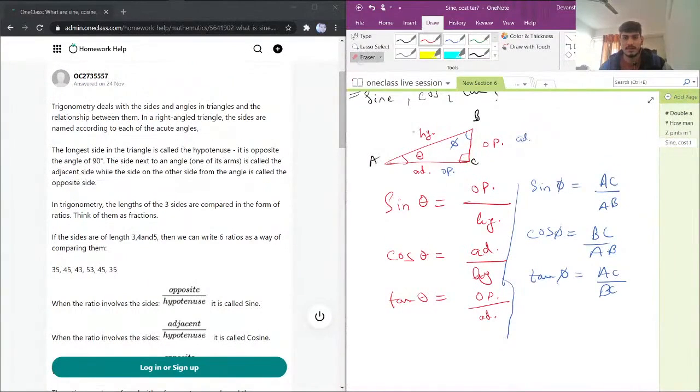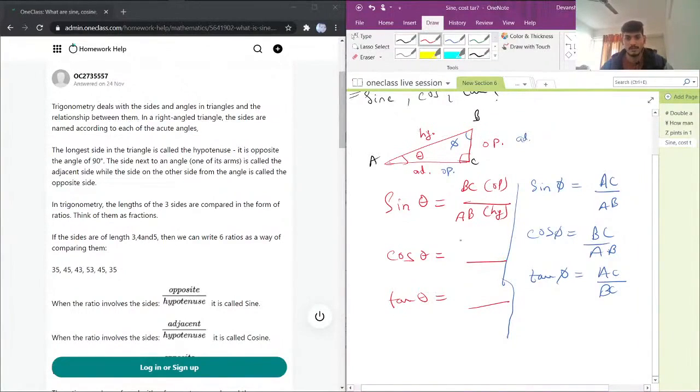Sine of theta will be opposite, so it will be BC over AB. This is opposite over hypotenuse.